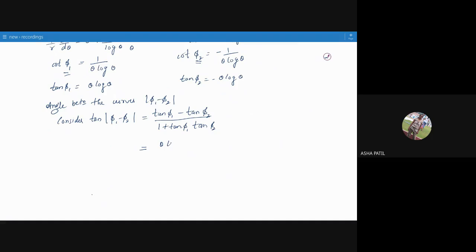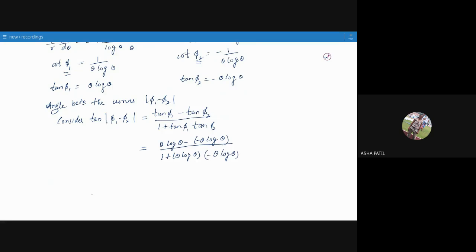Tan phi 1 is theta log theta. Tan phi 2 is minus theta log theta, divided by 1 plus theta log theta into minus theta log theta.